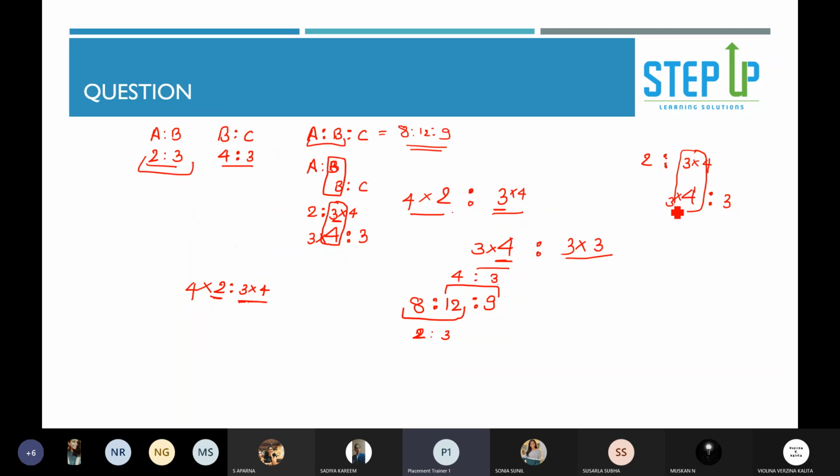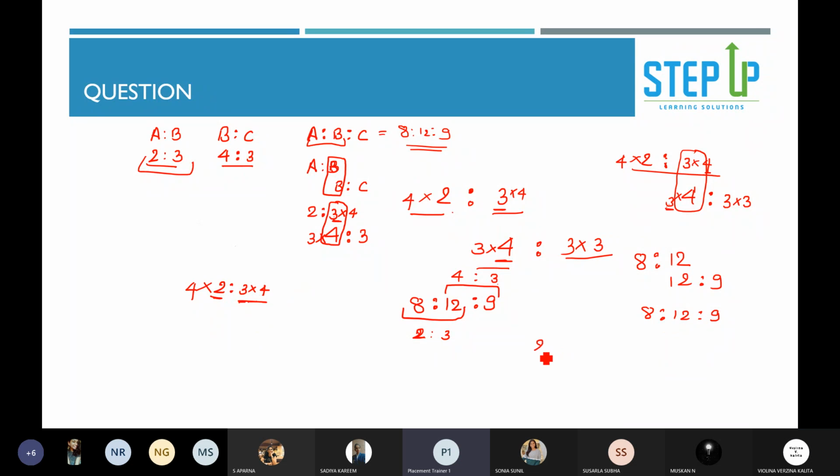This is this 3, right? Now if I multiply 3 here, I need to multiply 3 here also. And if I'm multiplying 4 here, I need to multiply 4 here also. So this will be 8 is to 12 and this is nothing but 12 is to 9. So I'm combining, I can write it as 8 is to 12 is to 9. Fair enough? Yeah, ma'am, got it.